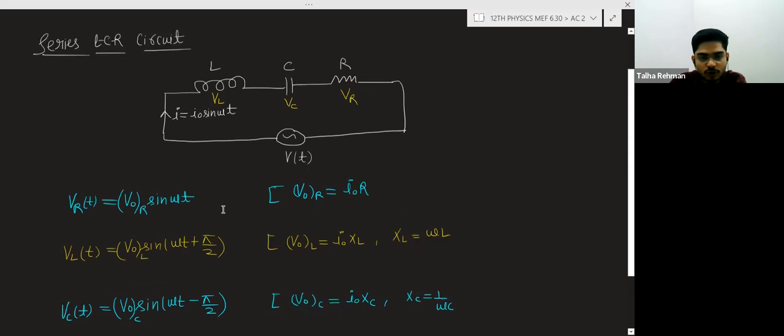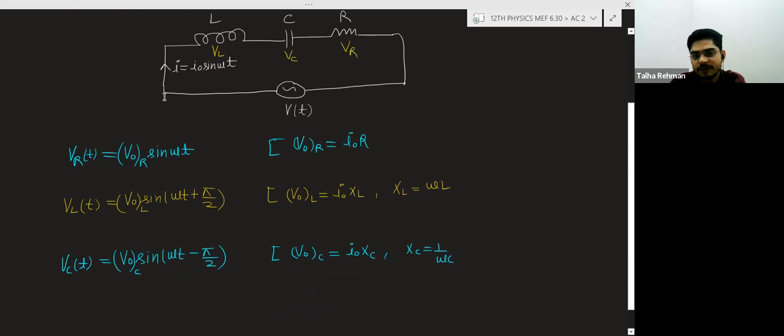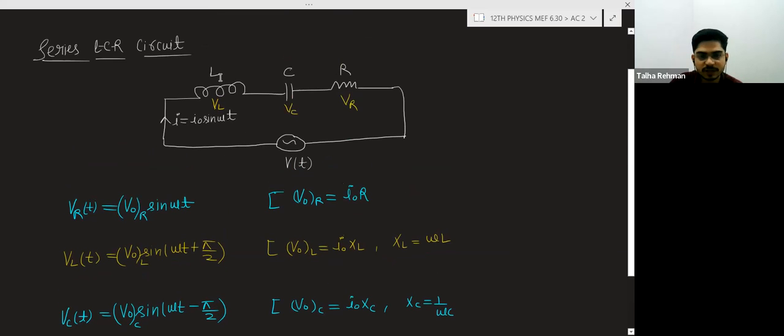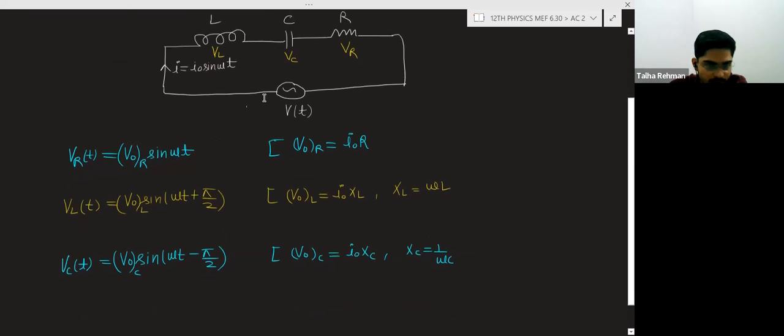If the current is this in the circuit, the current will be the same throughout the circuit, across the inductor, the capacitor, and the resistance, because this is a series circuit. So in series the current remains the same.